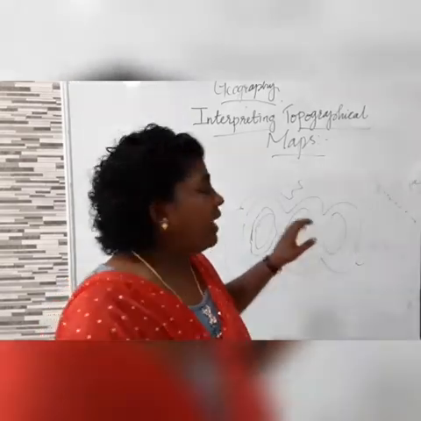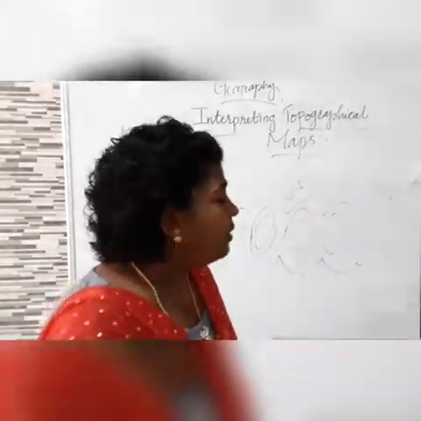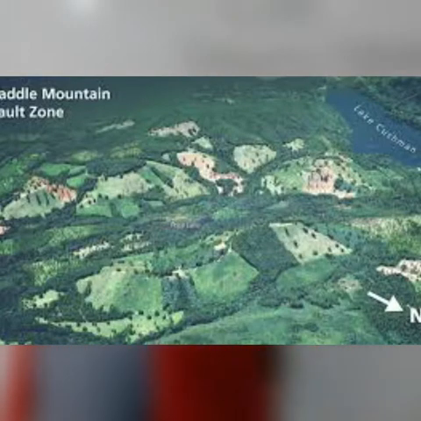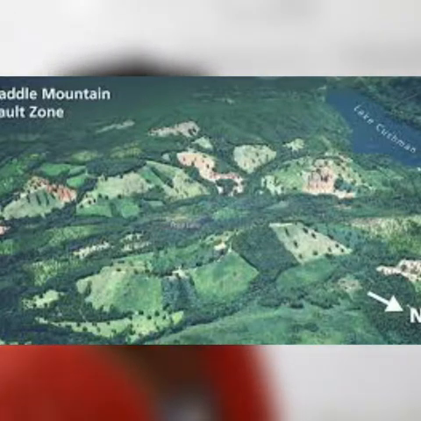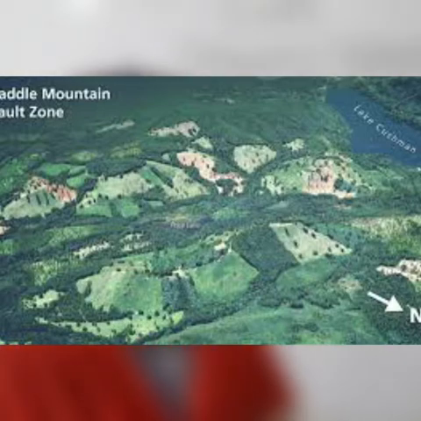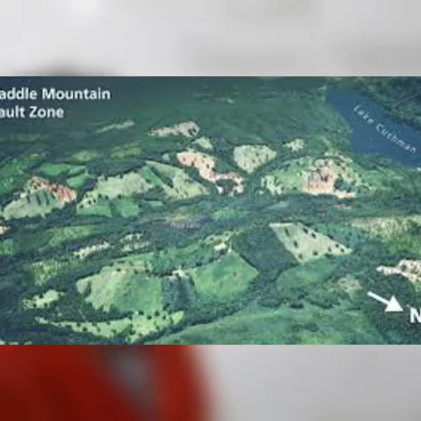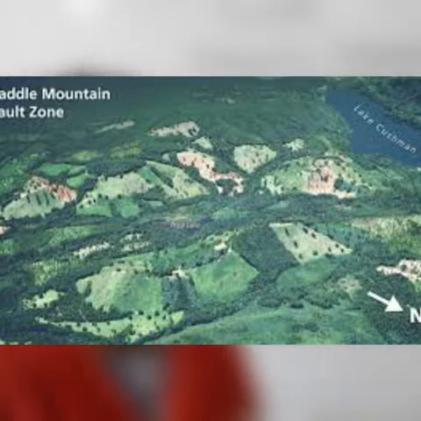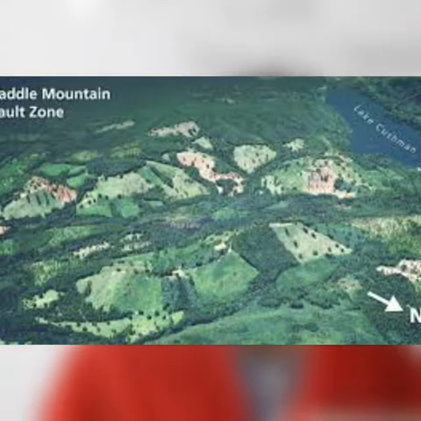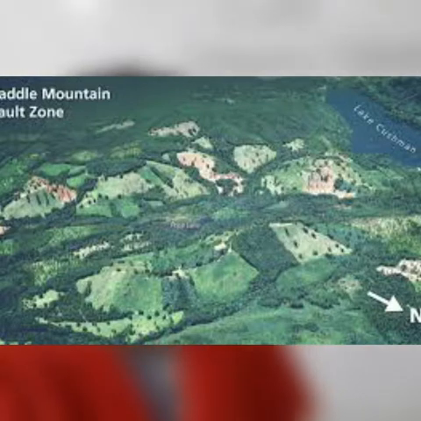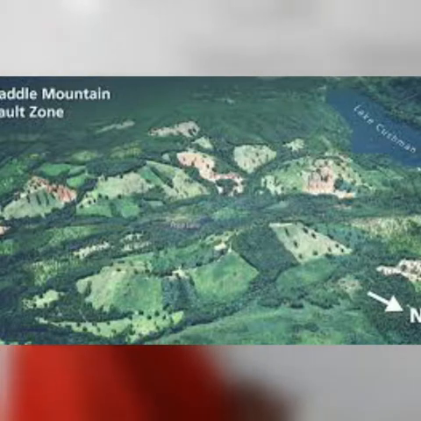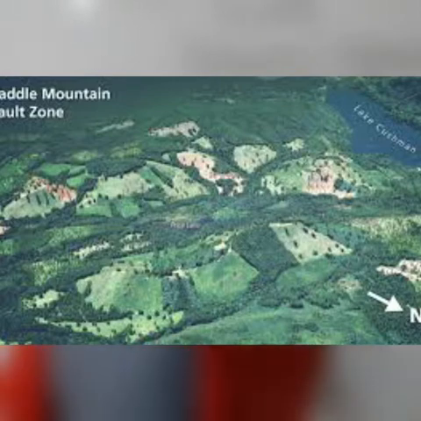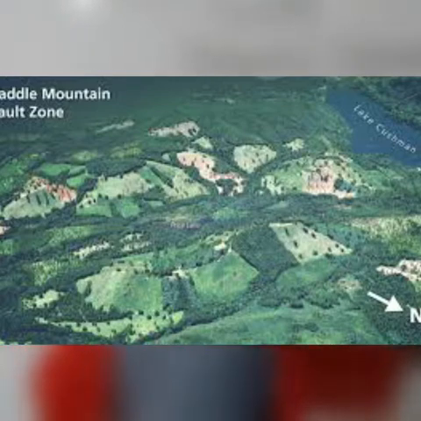Now saddle, the next thing you are going to see is saddle. What is a saddle? A saddle is a shallow depression at a high elevation between two peaks or ridges. For example, here is one peak, and here is another peak.